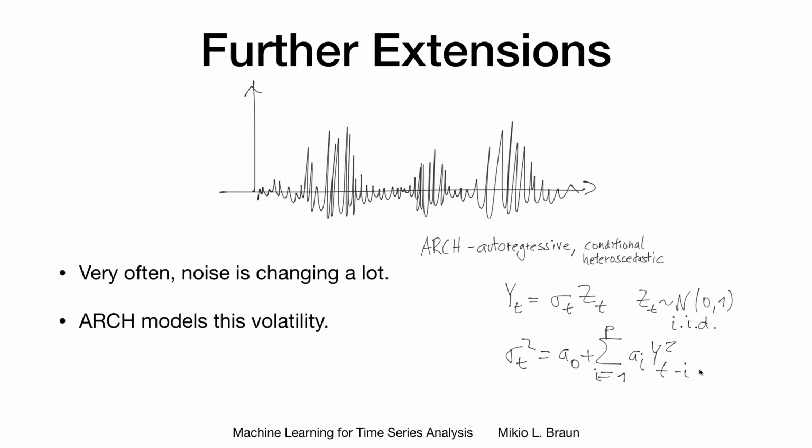So we have noise which changes from time to time, but the dynamics of the noise variance is governed by an autoregressive model. Then you can do the fit and look at how well it can predict your data. That allows you to deal with these different kinds of data sets.